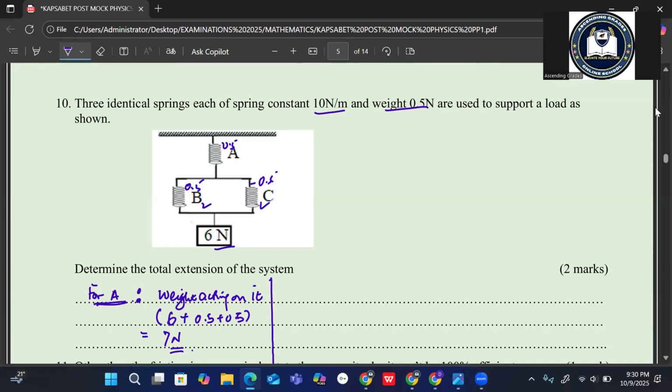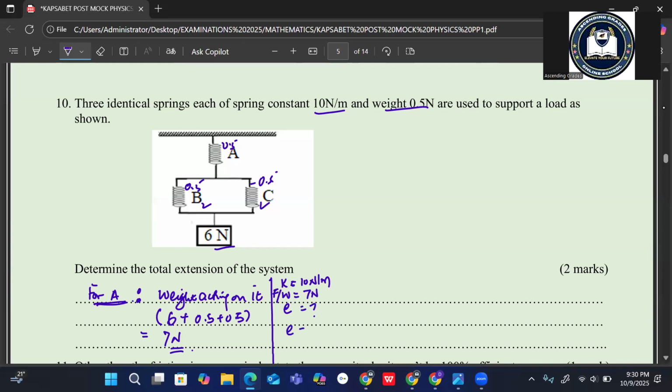Now, what will be its extension? We know that K is equal to 10 newtons per meter. The weight, or force, is equal to 7 newtons. So what will be the extension?